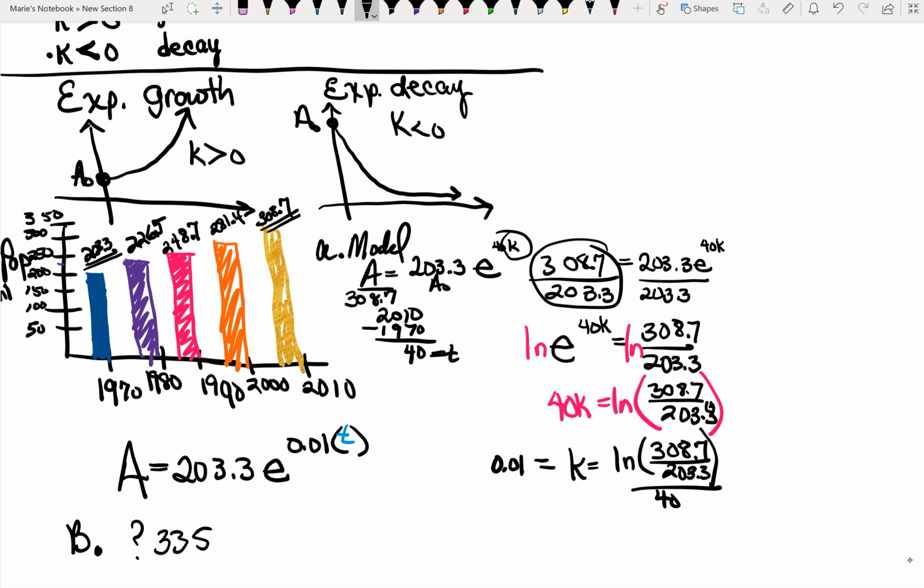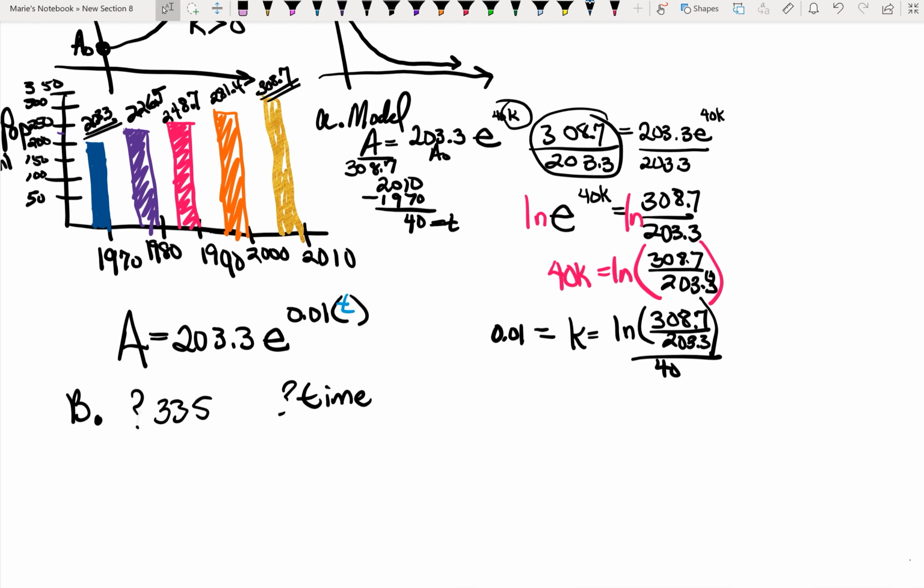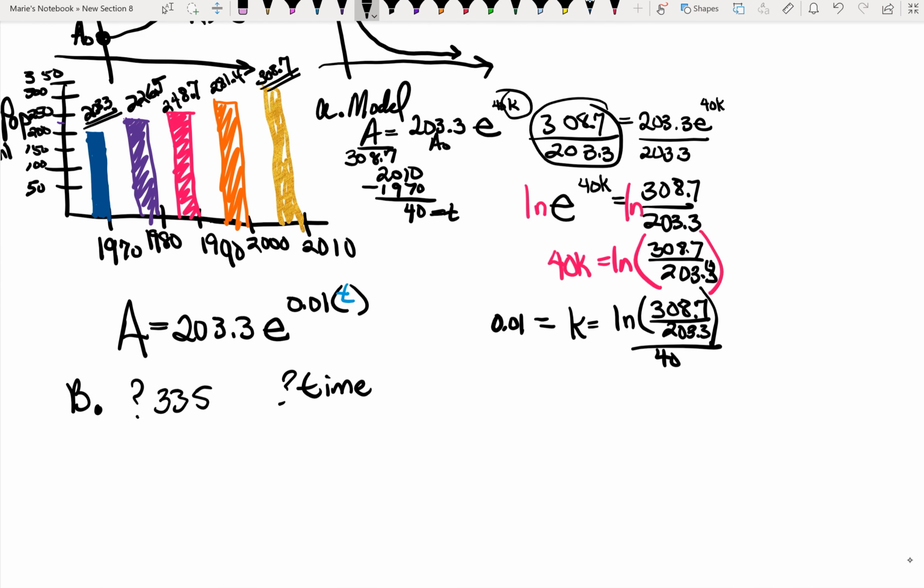So they're basically asking, what is time? By what year based on this model? And since we have the model, we're going to say 335 million is equal to 203.3 e to the 0.01, and then this is their question, what time?